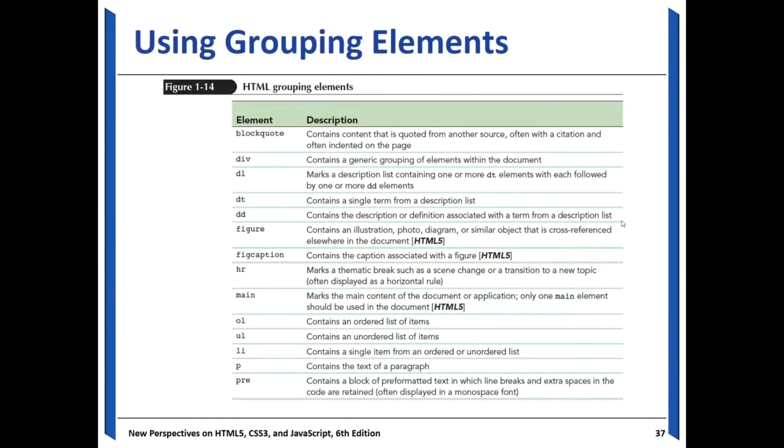We also look at some grouping elements. I'm not going to go through this list completely. A couple things in here. The div, it's a generic grouping element. So in the document, HR is going to make a black line. It's a horizontal rule.